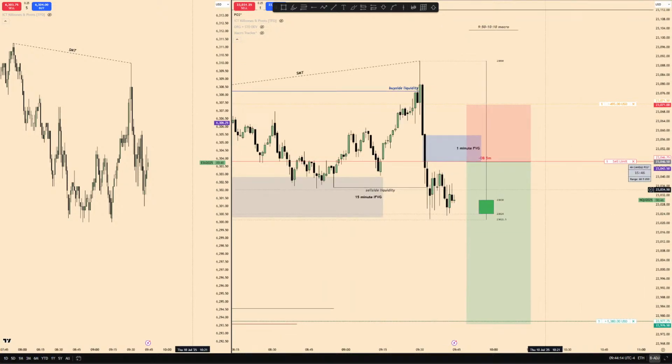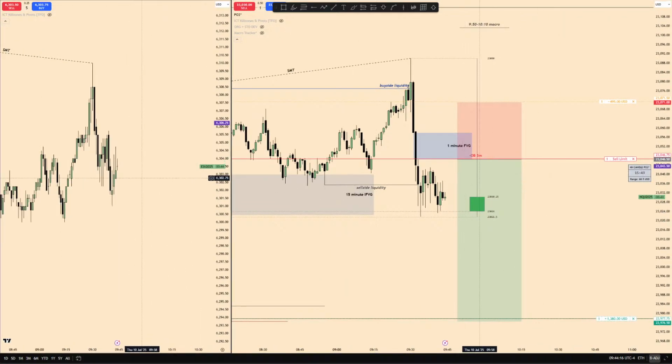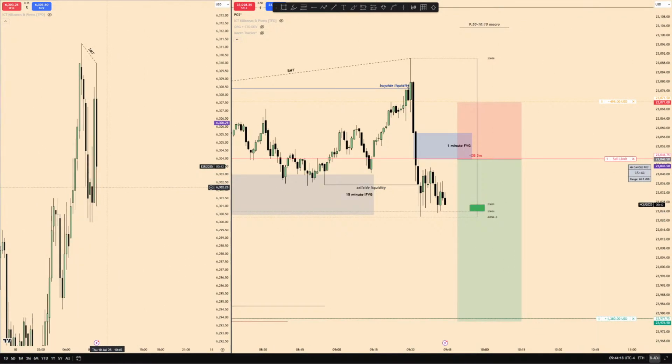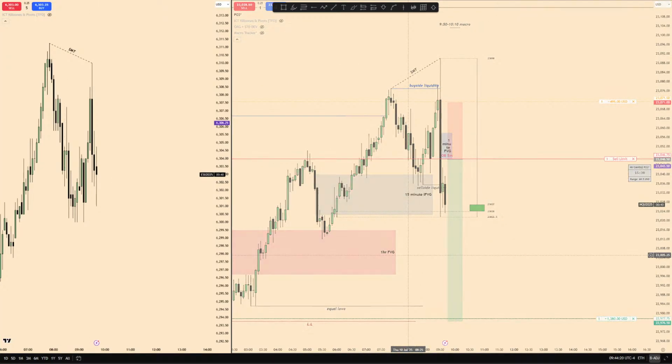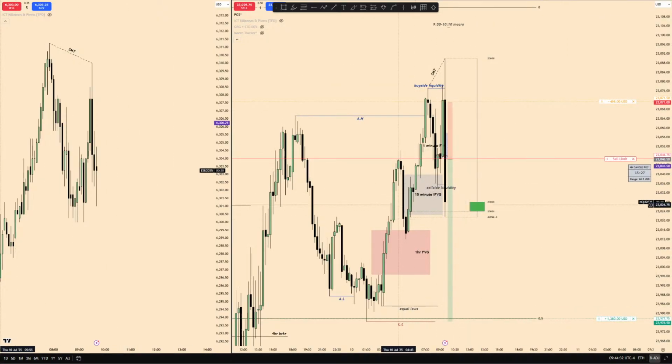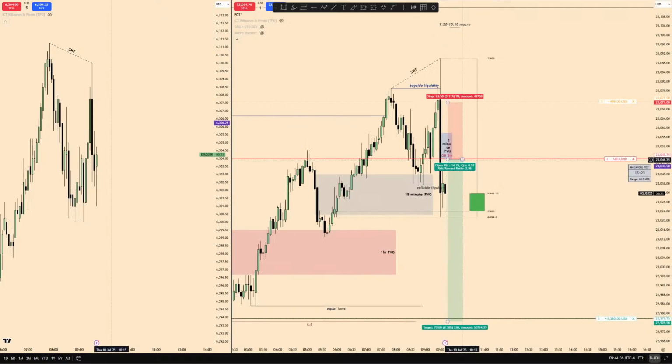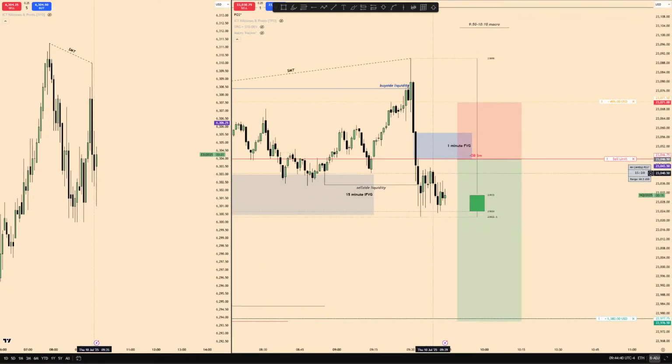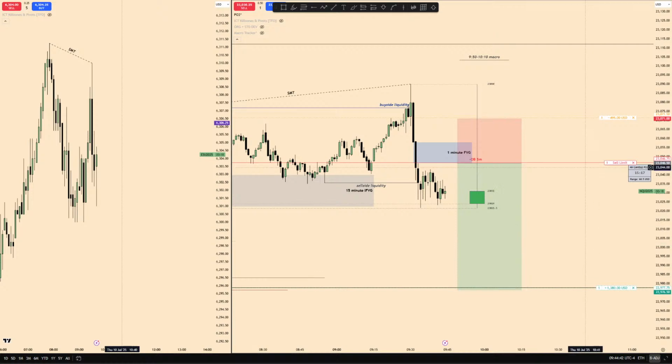Then the retracement. So this 1 minute candle closes the 15-minute. And then once the 15-minute has closed, we'll have this order block. And I want to see us trade back into it in the 5-minute, preferably this 1 minute, and then get the continuation lower.